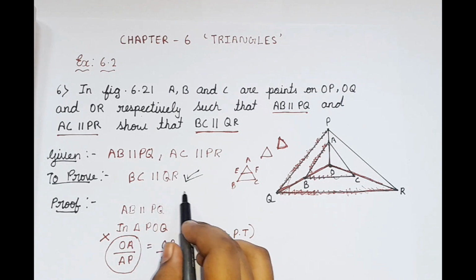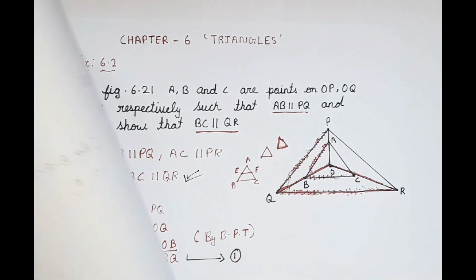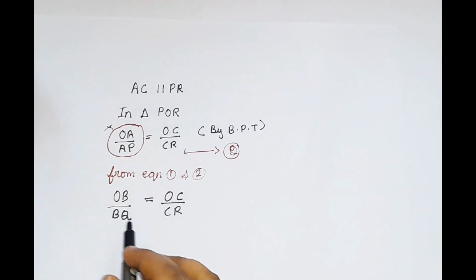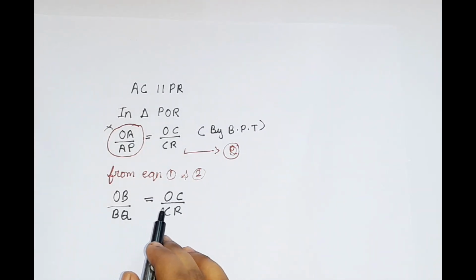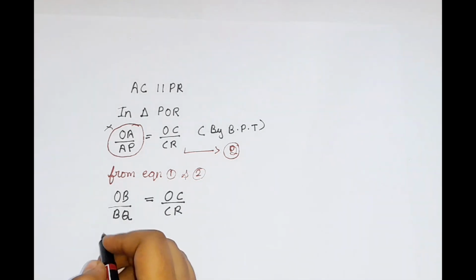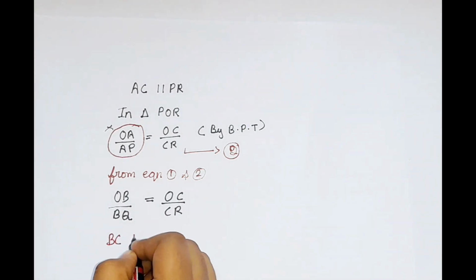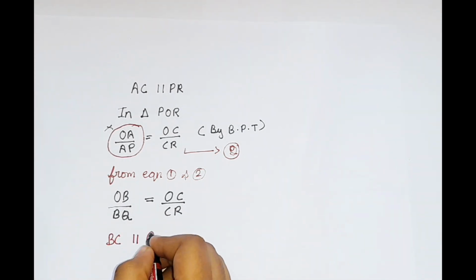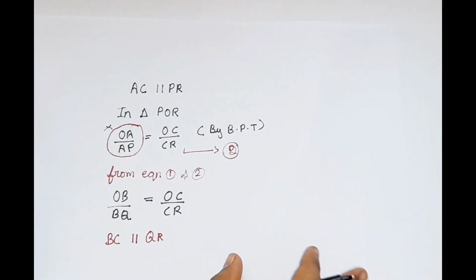Since we got this value, when I checked these values in the triangle in the figure, I found out that it is having a parallel line, that is BC, which is parallel to QR. Since it is lying on the triangle, I can just say BC is parallel to QR. I can just write like this.